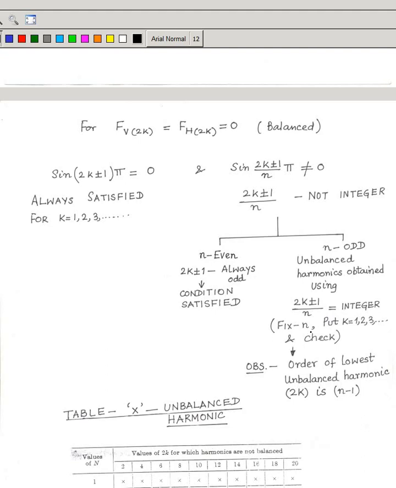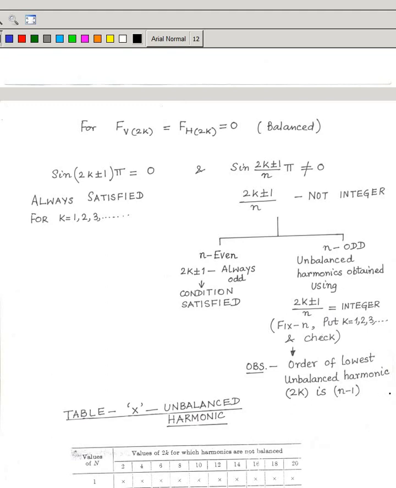So fix n, take your number of cylinders and check k equal to 1, 2, 3, the harmonic number, the second harmonic, fourth harmonic, sixth harmonic, and you check (2k plus 1) by n, (2k minus 1) by n.